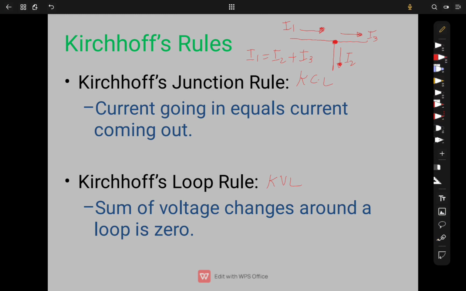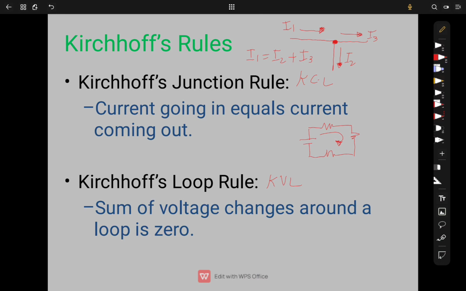So, for example po, we have a circuit diagram na series connection. Meron tayong tatlong resistors, and then we tried to have a loop. So, pag naglo-loop tayo, it's either a clockwise direction or a counterclockwise direction.